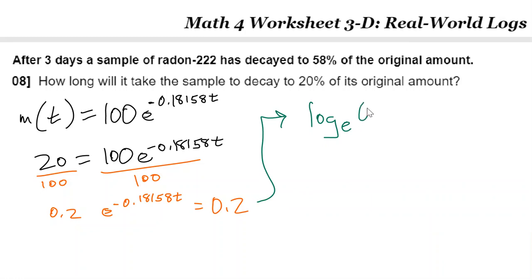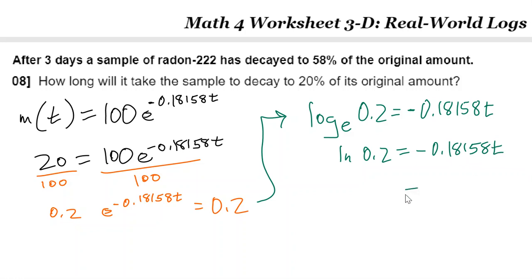Log e of 0.2 equals that, which is natural log of 0.2 equals that. All right, so natural log of 0.2 is negative 1.609.